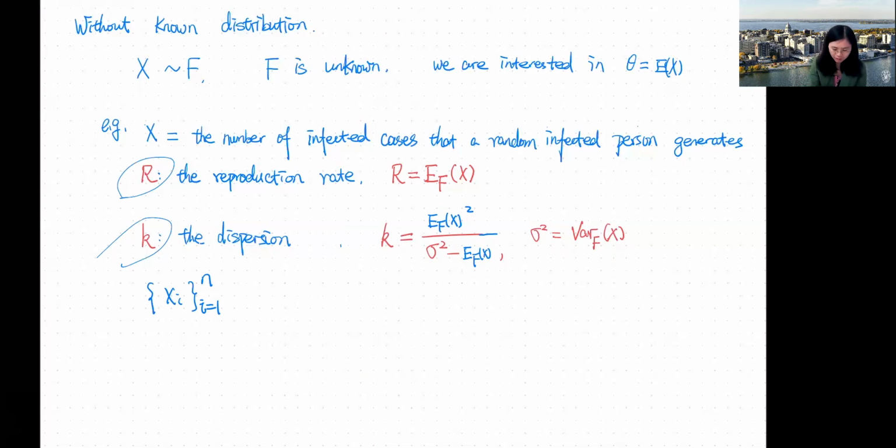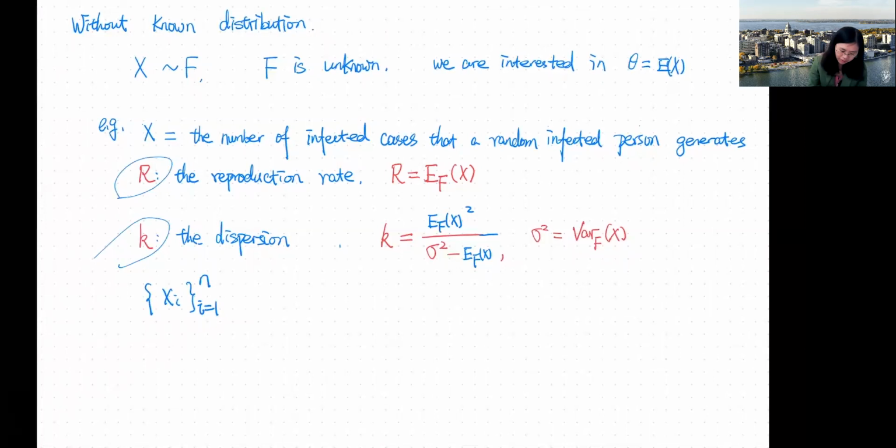So then you have a data set from the distribution of X: Xi, i running from 1 to N. Let's say it is an IID sample of X, or an IID sample from F.